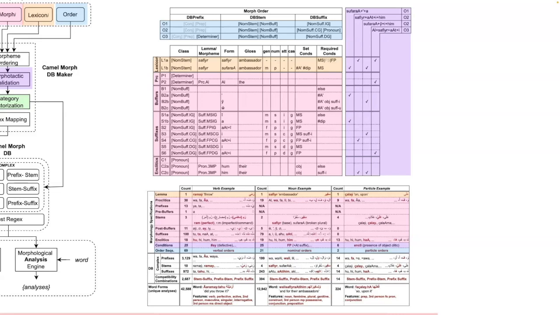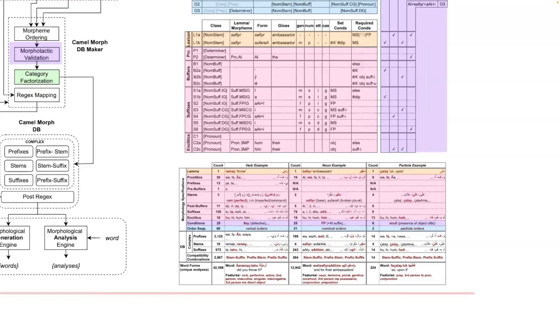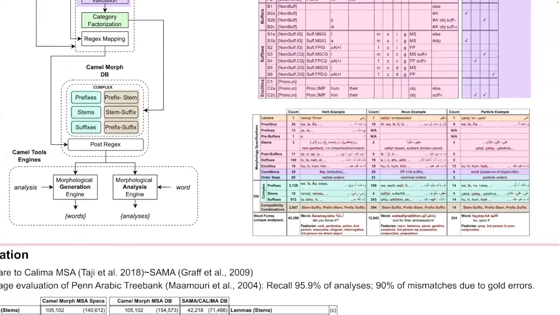In particular, the buffers, which are small segments meant to complete other morphemes under different morphological contexts or conditions, together with the passive voice scripts mentioned earlier, reduce the total number of stems that annotators have to manage at the specifications level. 10 generated from 3 specified for the verb, and 4 generated from 2 specified for the noun. Finally, constrained by the compatibility combinations, the complex morphemes can combine into a very large number of analyses.